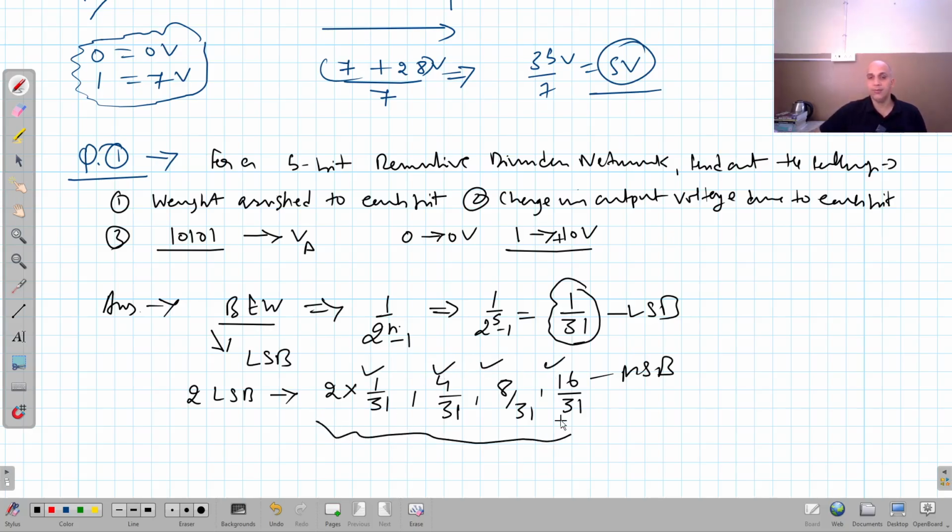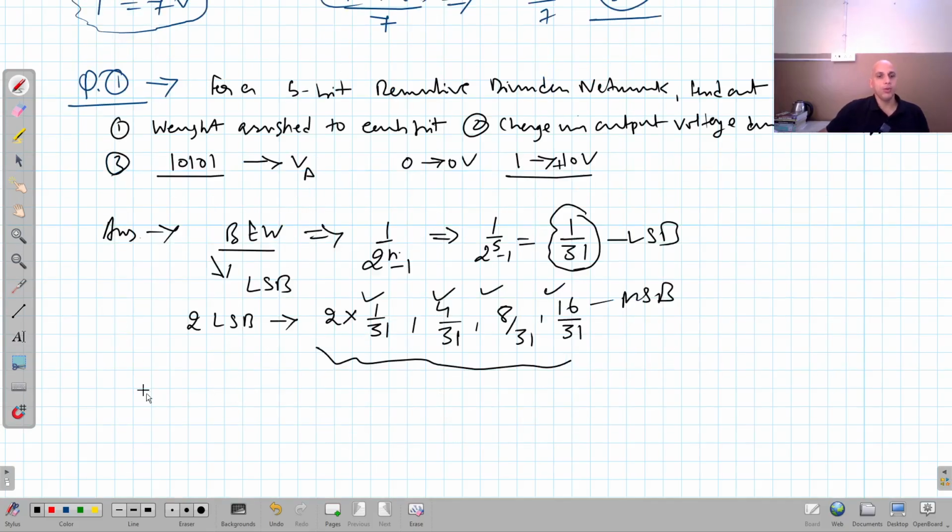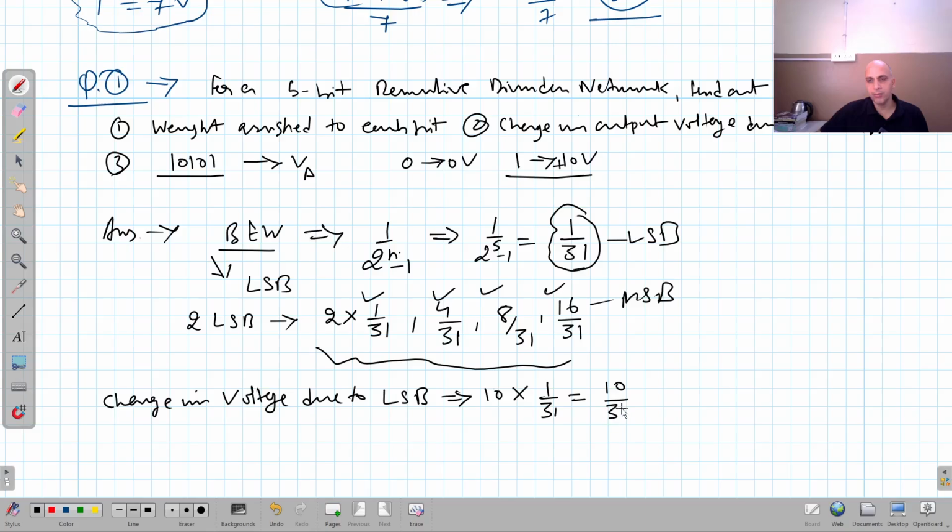The second thing that was asked was the change in voltage due to all bits. So for the change in voltage due to LSB, because 1 is equal to 10 volts, 10 multiplied by 1 upon 31 is 10 upon 31 volt. Similarly, the second LSB weight is 2 upon 31, meaning 20 upon 31.